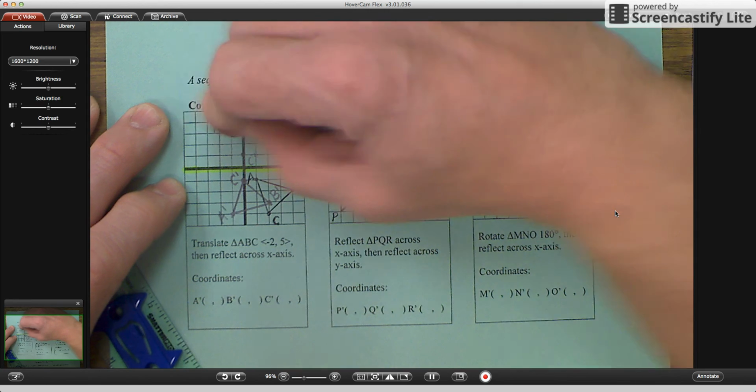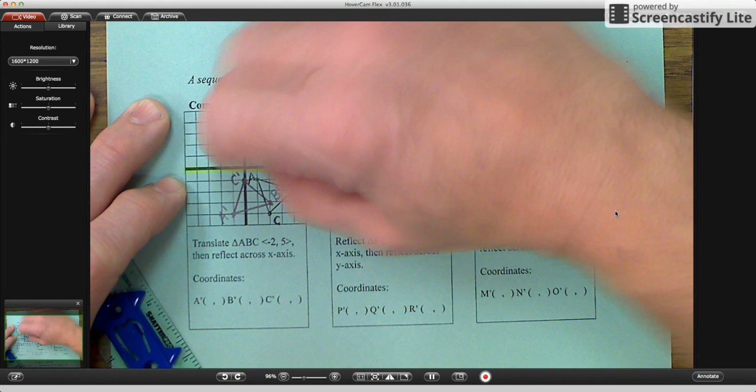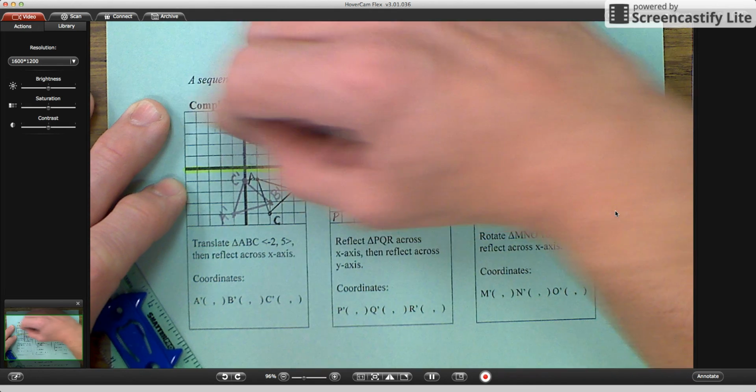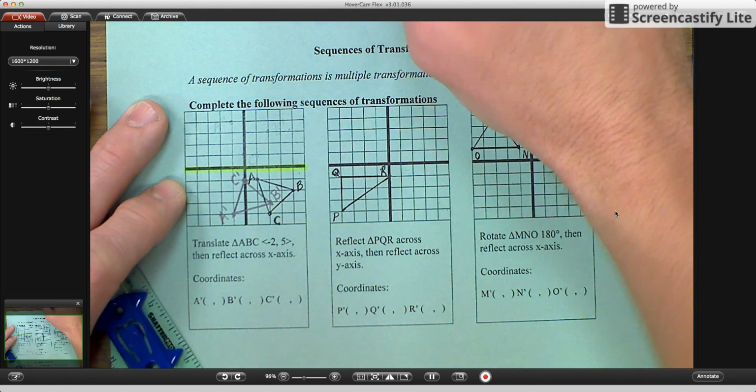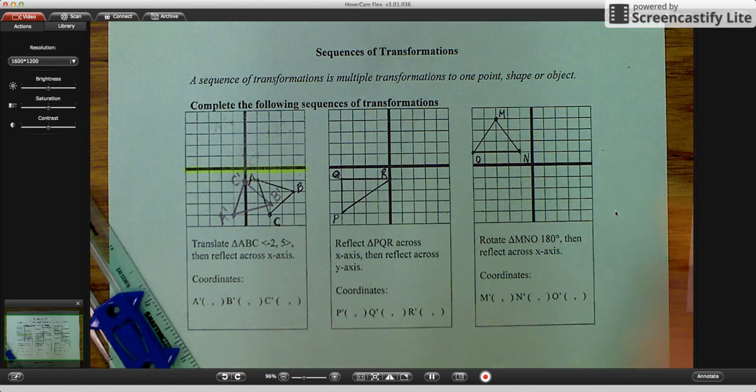And I'm going to go up top, and I'm going to erase my A prime, B prime, C prime. If you want to leave it there, a little bit light so that you can see it, feel free. Pause your computer and follow those.